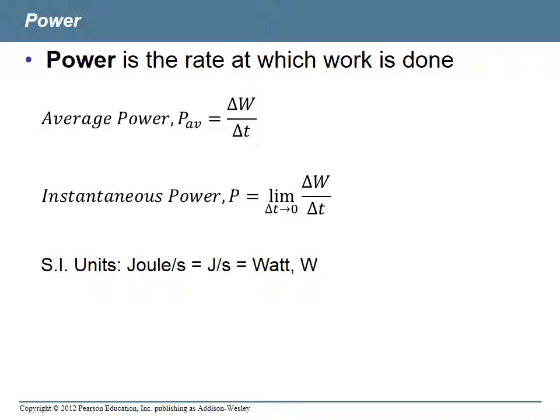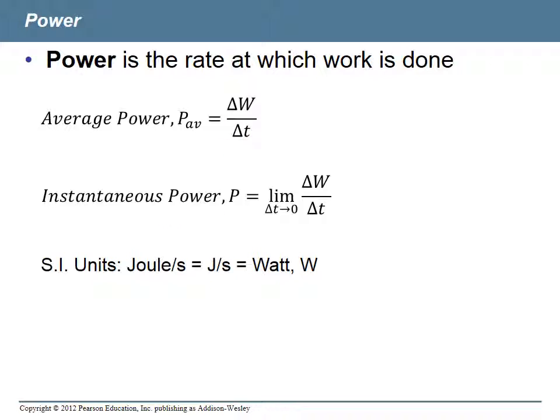So once we have work and energy defined, power is actually a very simple definition after that, and it's just the rate at which work is done, or the rate at which energy is consumed, right? So average power is simply a change in work over a change in time. It's the rate at which work is done, right?